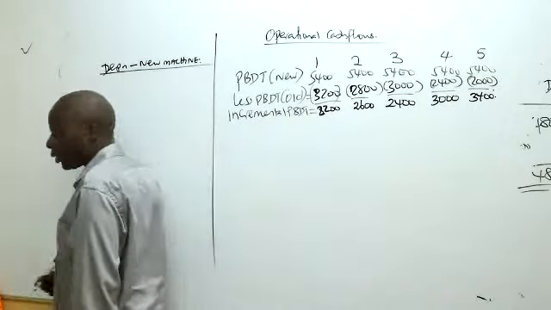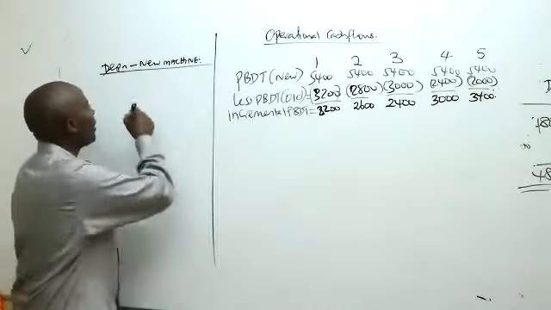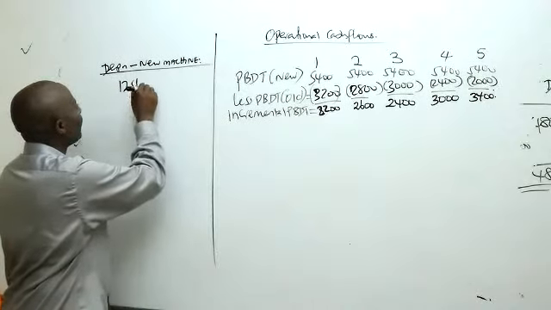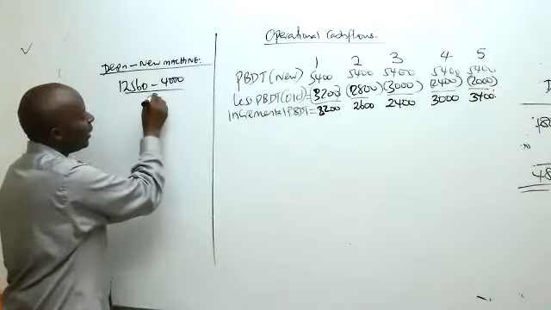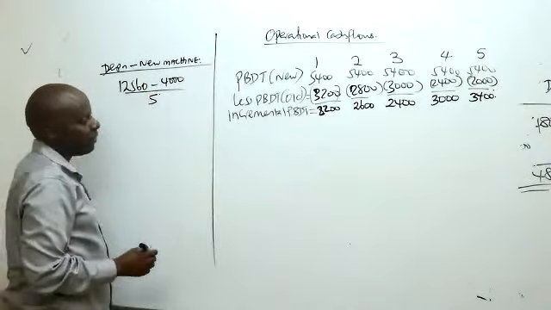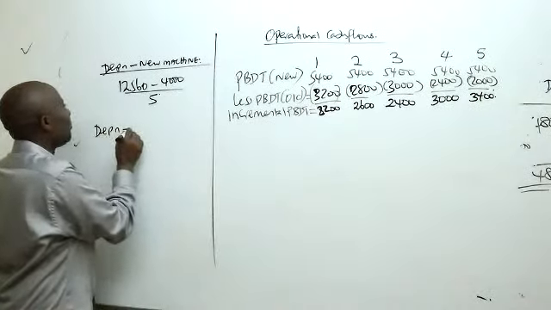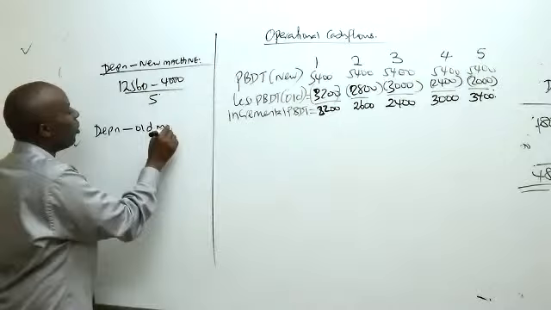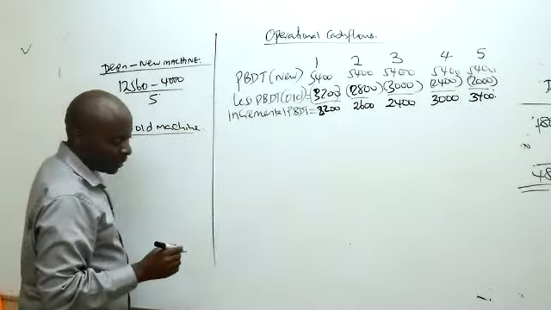So we have here 12,560 minus 4,000 divided by how many years? 5 years. Divided by 5 years. Then they give us the depreciation of the old machine as well.